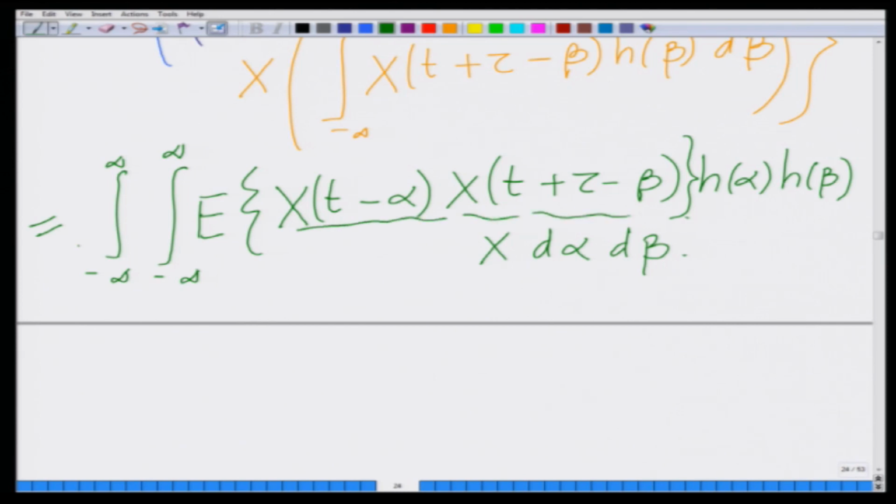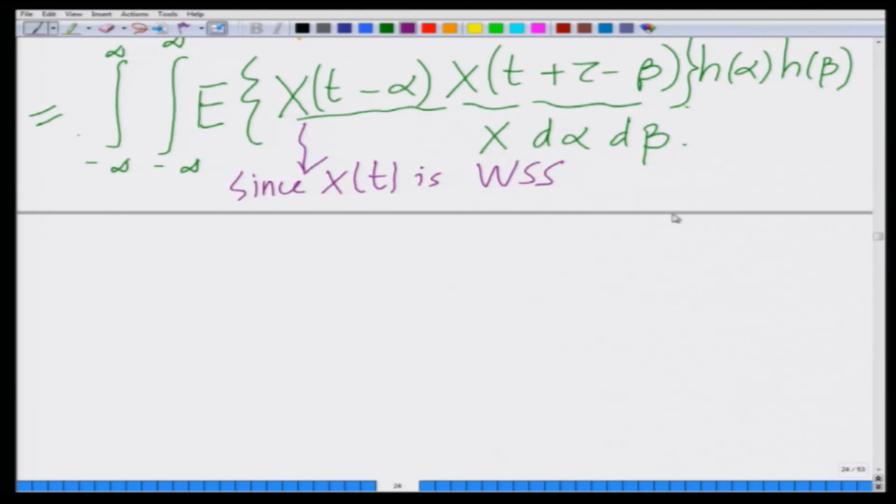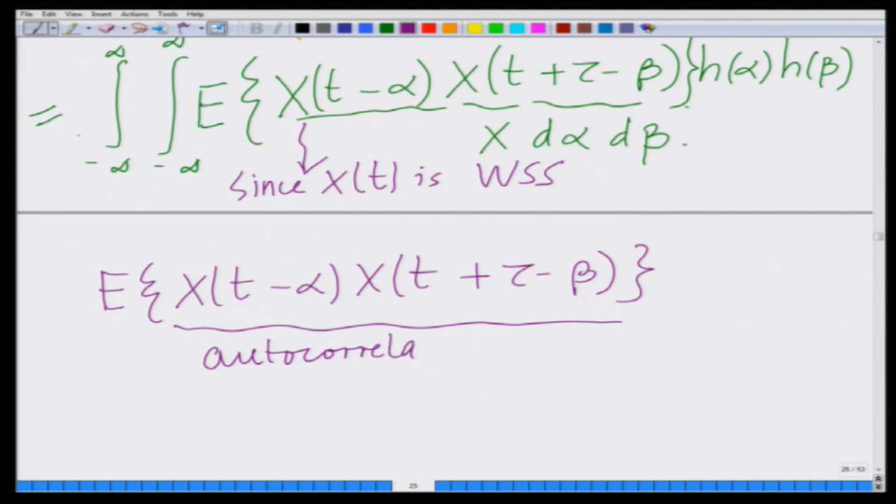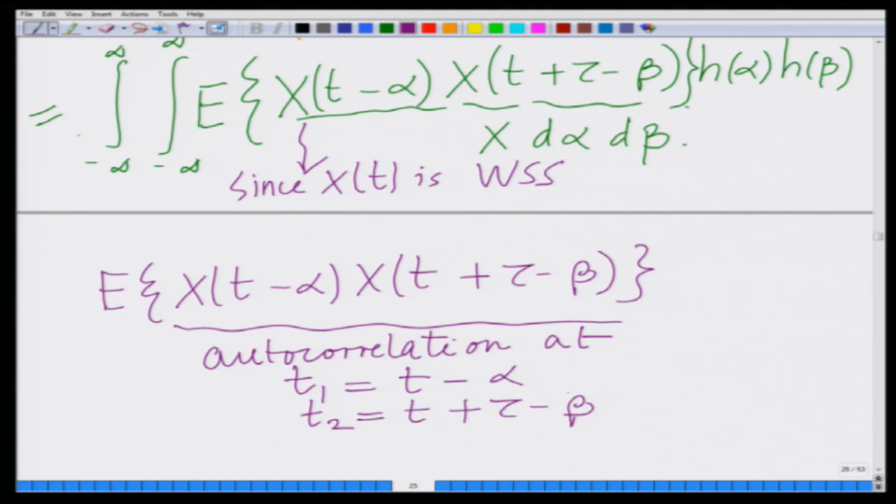Since x of t is wide sense stationary, the expected value of x of t minus alpha times x of t plus tau minus beta is the autocorrelation at t1 equals t minus alpha, t2 equals t plus tau minus beta.